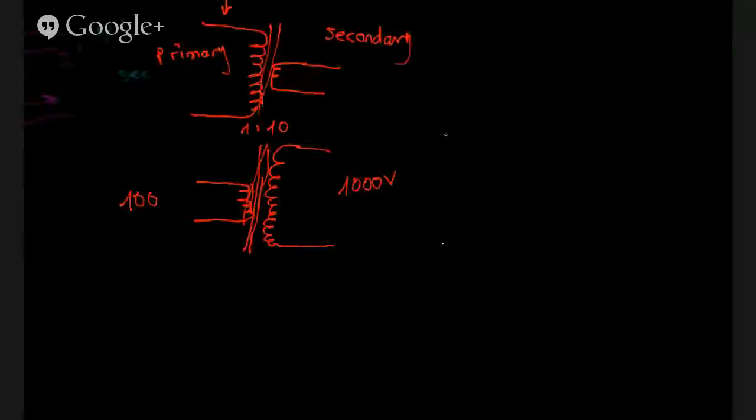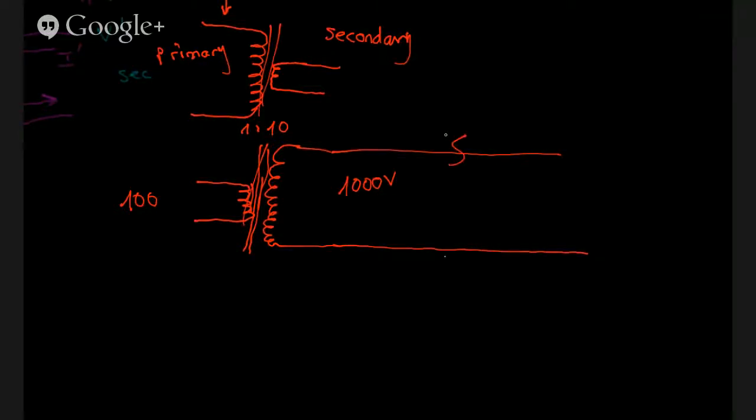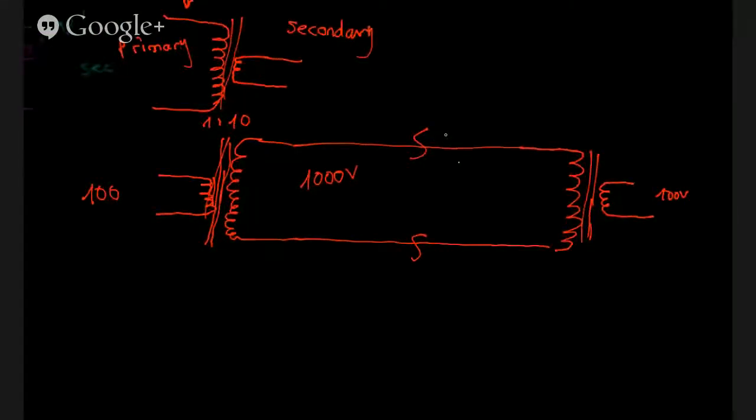This is basically how transmission lines work. It would travel over incredibly long distances to get to your house. And then we'll step it back down again to make it useful, to run our light bulbs and appliances and so on.